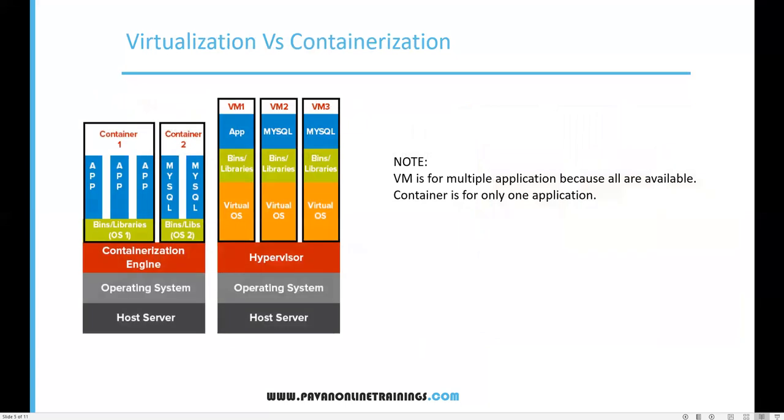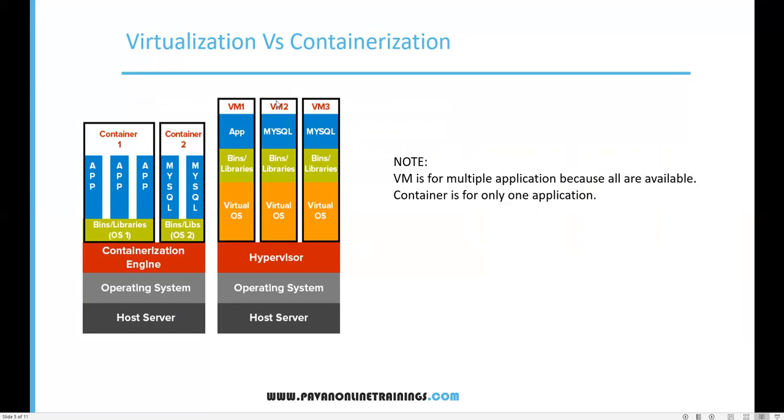Now let us compare virtualization and containerization. In virtualization, we have only one host server, which is a physical computer, with an operating system on it, and a hypervisor, a component which maintains all the VMs.